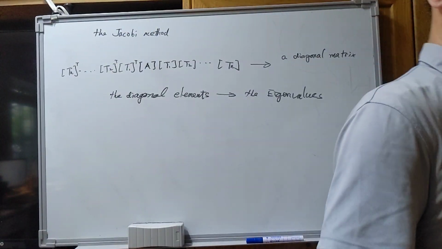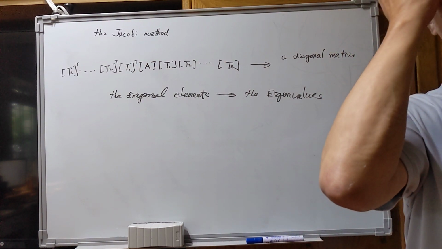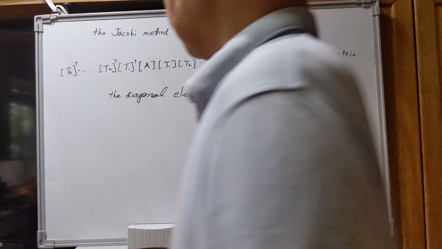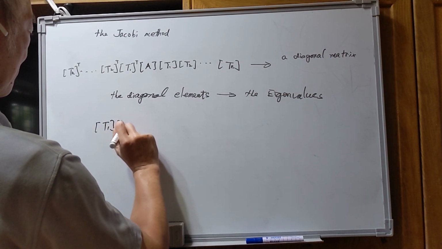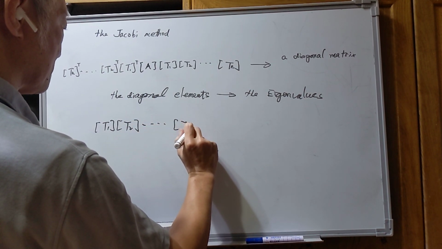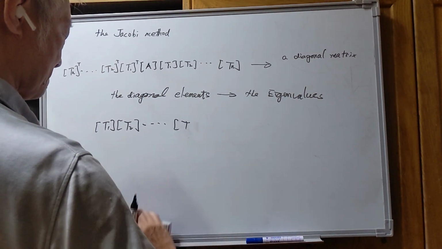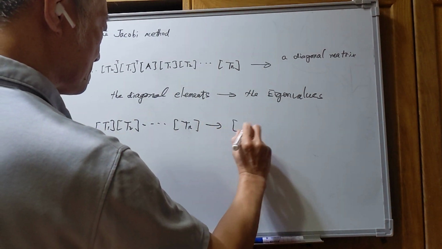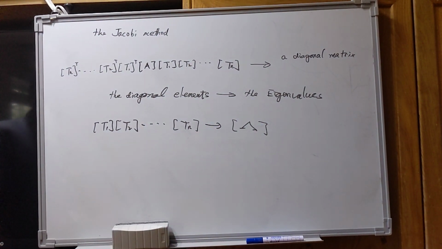Then if we arrange all the diagonal elements, they will be the eigenvalues, and the result will approach the lambda matrix.